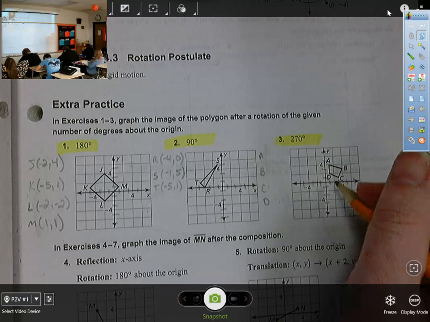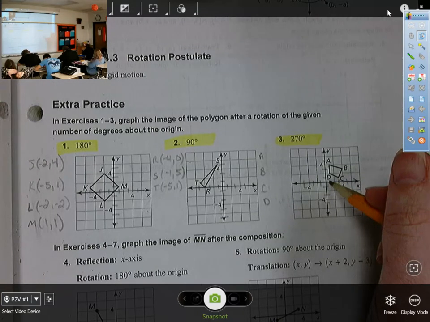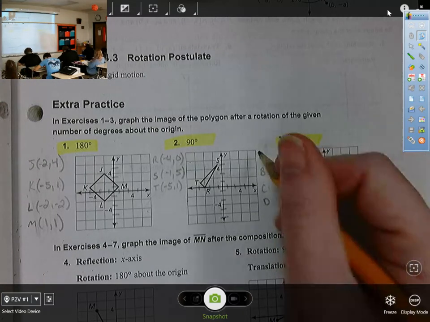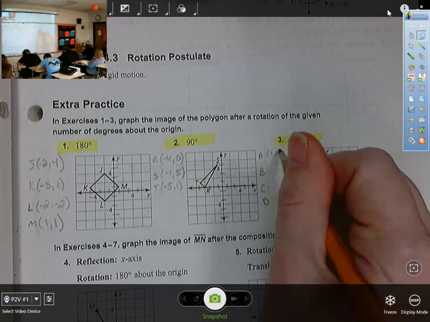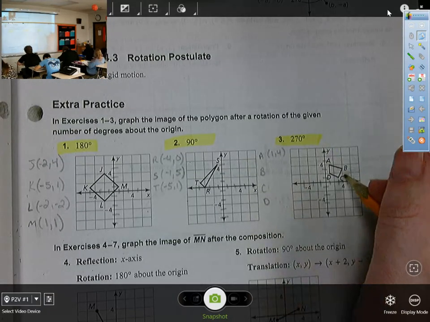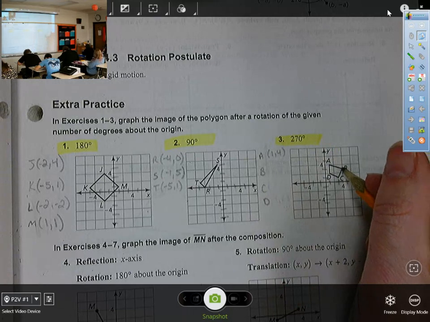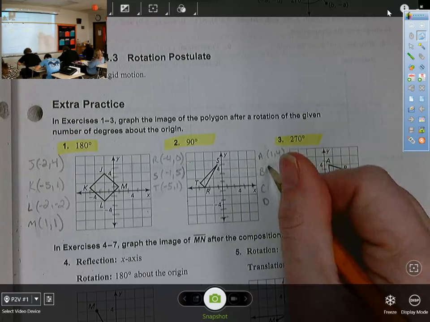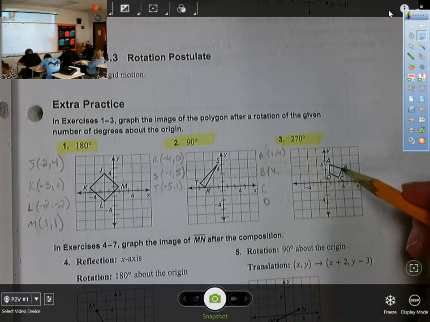All right, number 3. A is 1 to the right and 1, 2, 3, 4. So A would be (1, 4). What about B? It's right there on 4, but what's the Y value going to be? Well, if we count, there's B. We go 1, 2, 3.